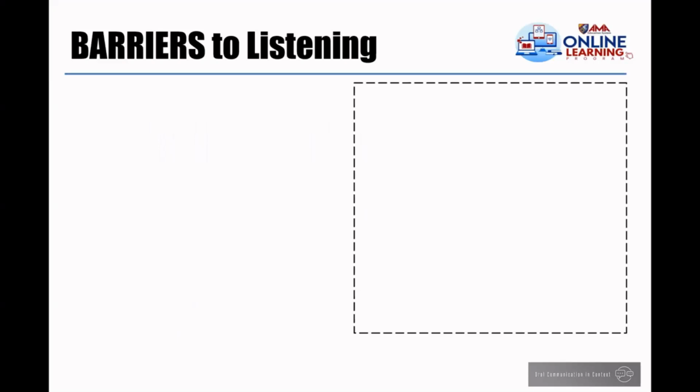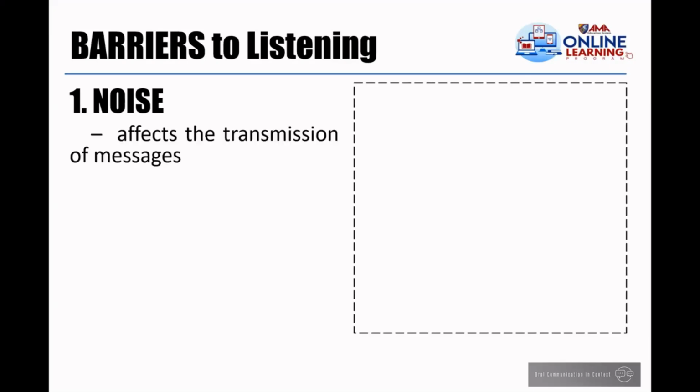If we are talking about barriers in listening, it basically refers to the noise because it affects the transmission of messages from the sender to the receiver. It hinders the transmission, or it gives barriers to the transmission of messages.